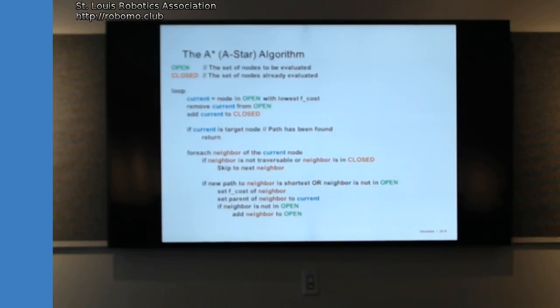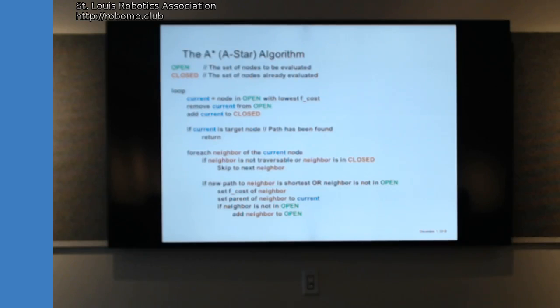Okay, and so you start this loop. You take your start node and it goes on the open stack to start with. That's the first move you make. You then take that node, since it's the only node in the open stack, you pull it off. Current is where you're starting from. And you add that to the closed stack, because I've already been there. Now, if the current node is the target node, you're done.